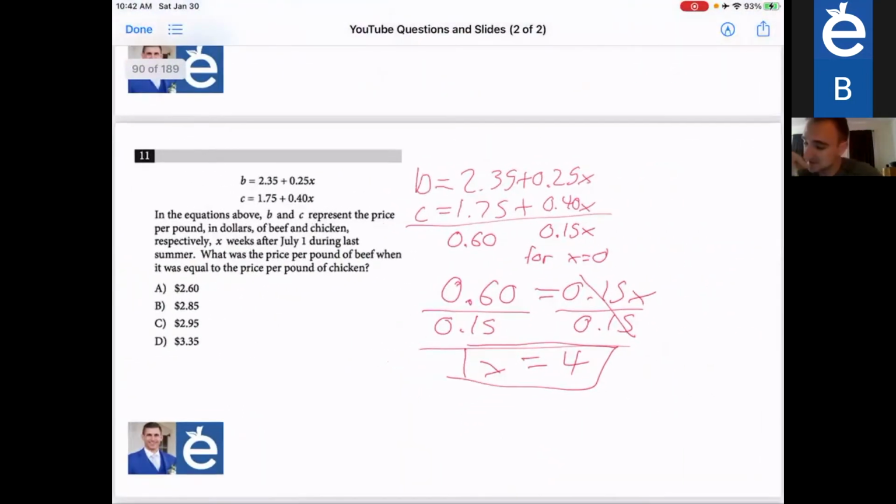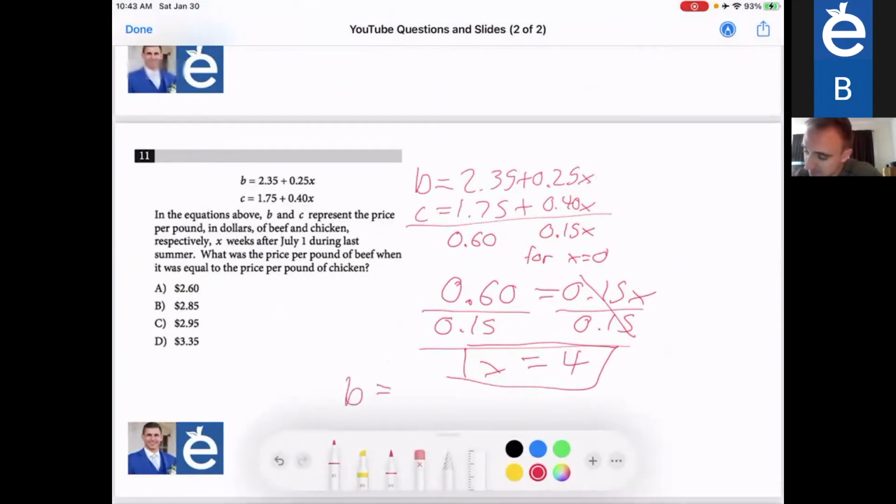So now we can just take this value for x and plug it into our beef equation. B is equal to 2.35 plus 0.25x.